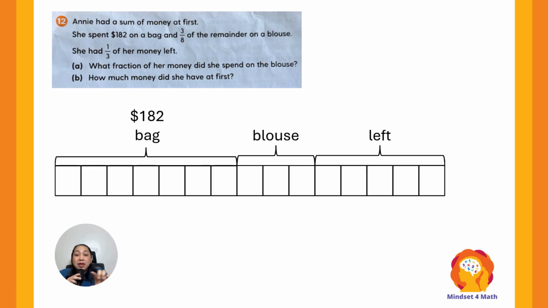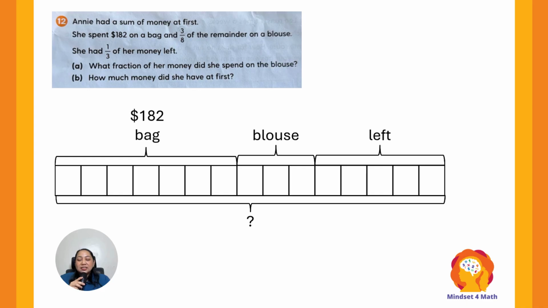That means the remaining long bar that's used to represent the $182 for the bag should be cut into 7 units. That way, we will have 15 equal units for the whole thing.